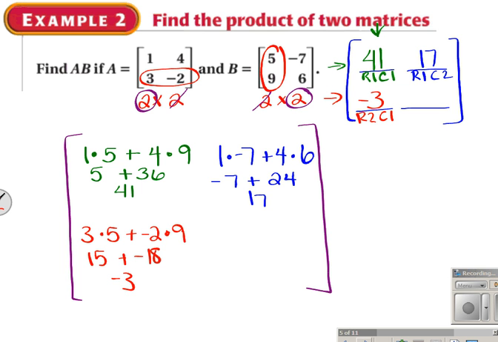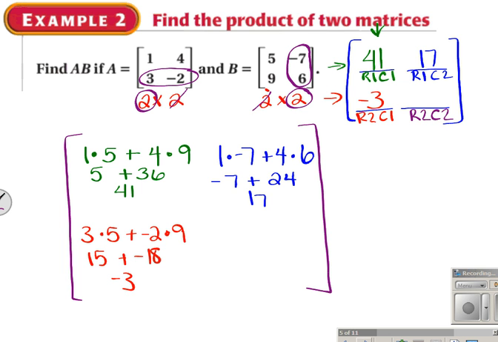All right, one element left. We have row 2, column 2. So I'm going to multiply row 2 by column 2.